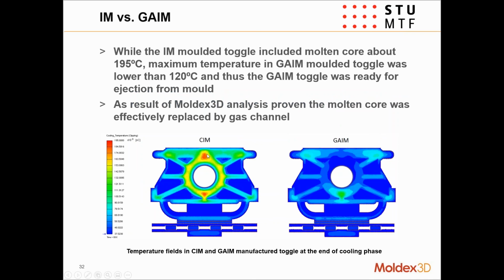You can see that there is a high amount of temperature in conventional injection molding, CIM, and with GAIM, they were able to essentially remove that high temperature region, and also in the sink mark region up here, you can see that the temperature is greatly reduced. And that's by keeping the process exactly the same. So rather than having to increase their packing time from 15 seconds to 35 seconds, they can just apply gas-assisted injection molding and probably reduce their cycle time in the end, because the gas replaces the need for that packing stage.